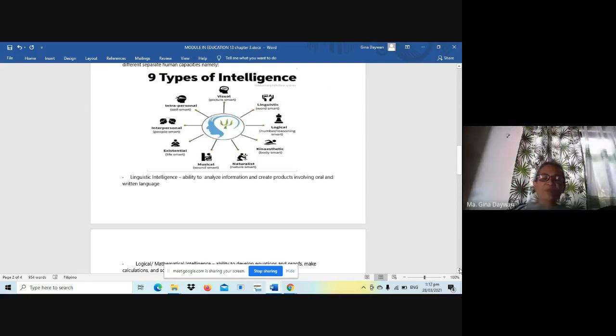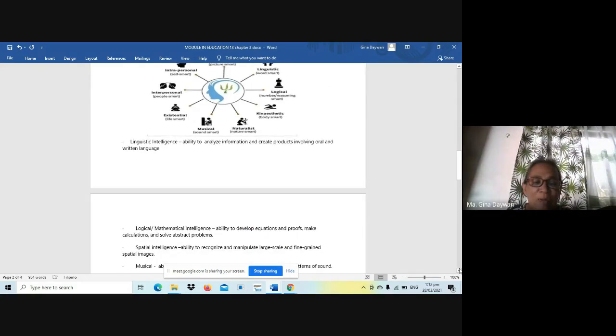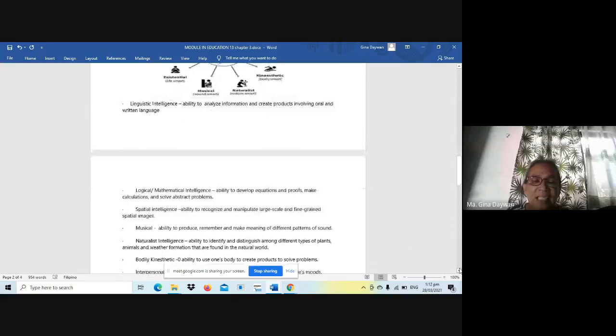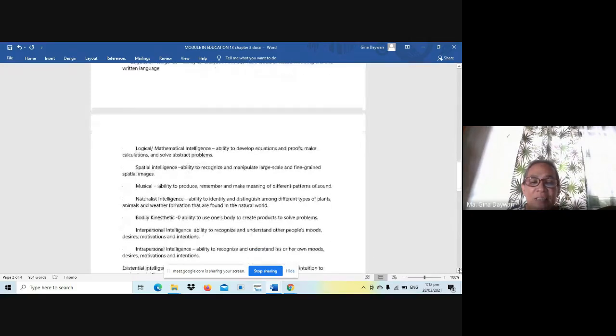You can apply this in your English class. Then you have logical or mathematical intelligence, which is the ability to develop equations and proofs, make calculations, and solve abstract problems. Another one is spatial intelligence, the ability to recognize and manipulate large-scale and fine-grained spatial images.